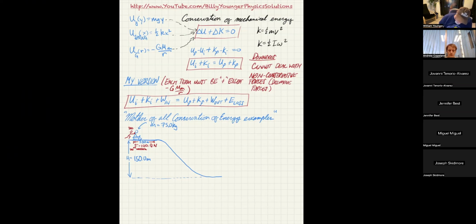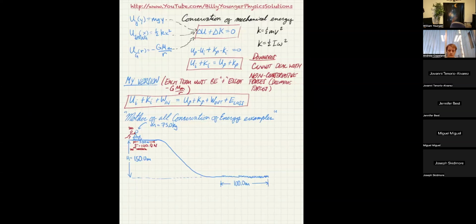But we've got what's going on now. Now, what's going to happen is at the bottom of the hill, we're going to immediately run into a friction-full surface like this. And what I'm going to say is right there, the distance is, let's say, 100.0 meters. Okay.